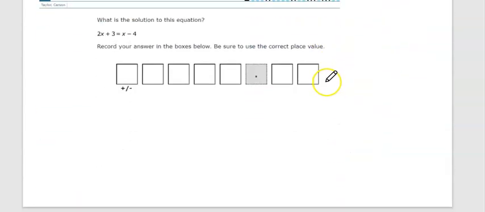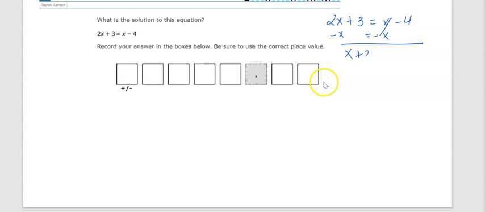All right, next question. We have 2x plus 3 is equal to x minus 4. We want our x's on the same side. So you're going to subtract the x. That cancels. 2x minus 1x is just x.